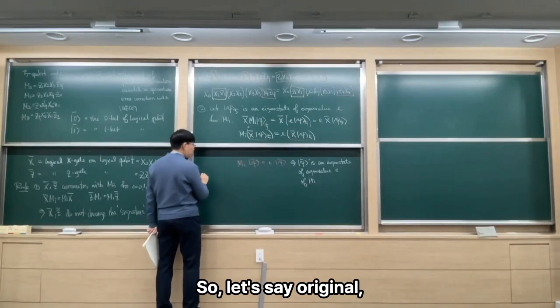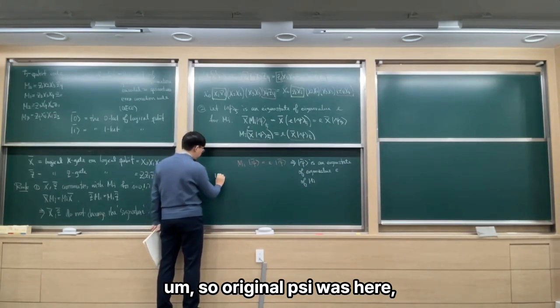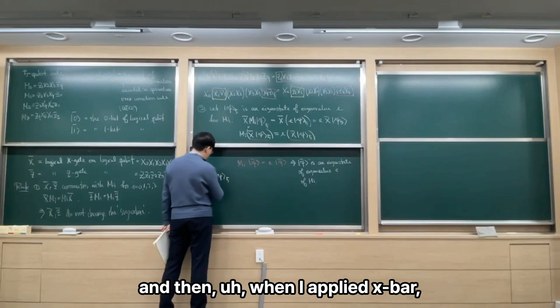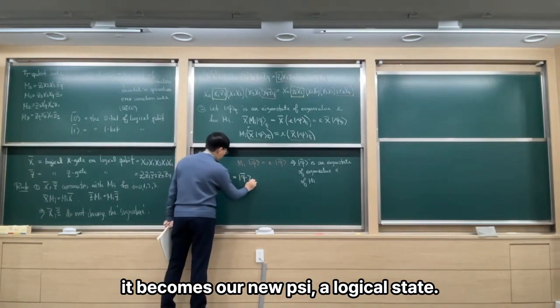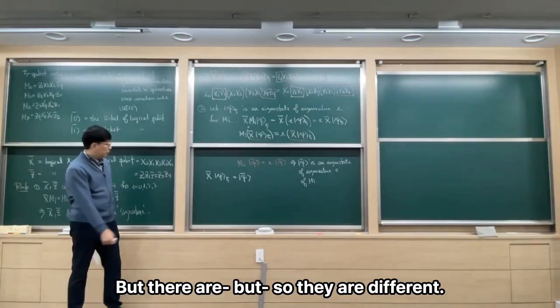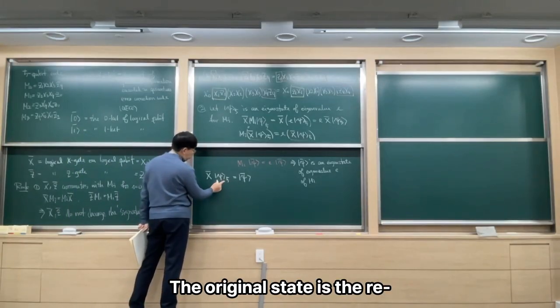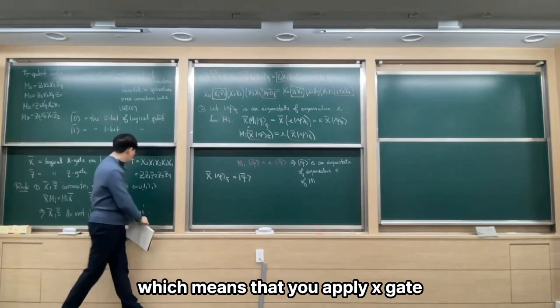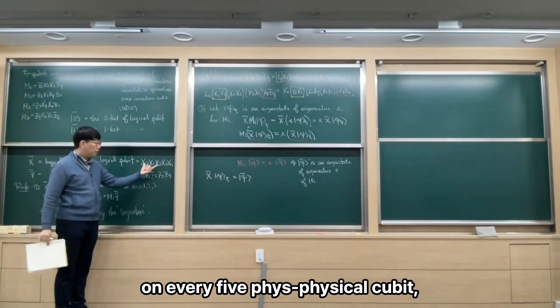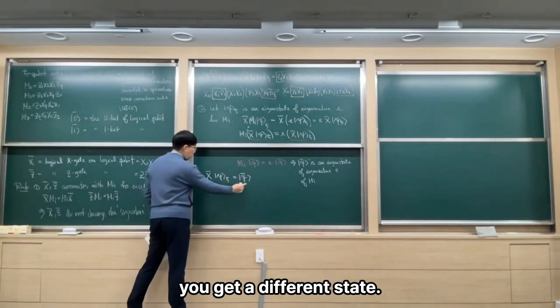So what's the difference from the original psi? Let's say the original psi was here, and when I applied x bar, it becomes our new psi, the logical state. But they are different. You have the original state, and after you apply x bar, which means that you apply x gates on every one of the 5 physical qubits, you get a different state.